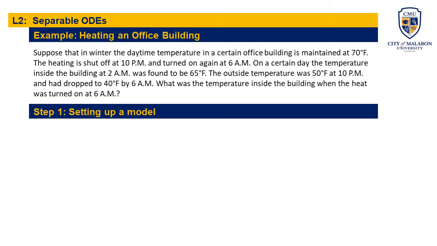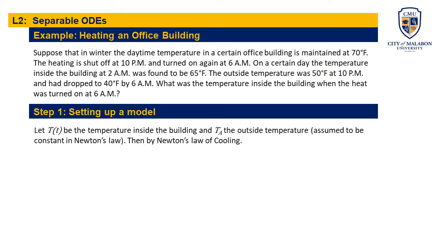Okay, so we will let a function of temperature, T of t, be the temperature inside the building, and then T sub A be our outside temperature. This outside temperature is assumed to be constant in Newton's law.